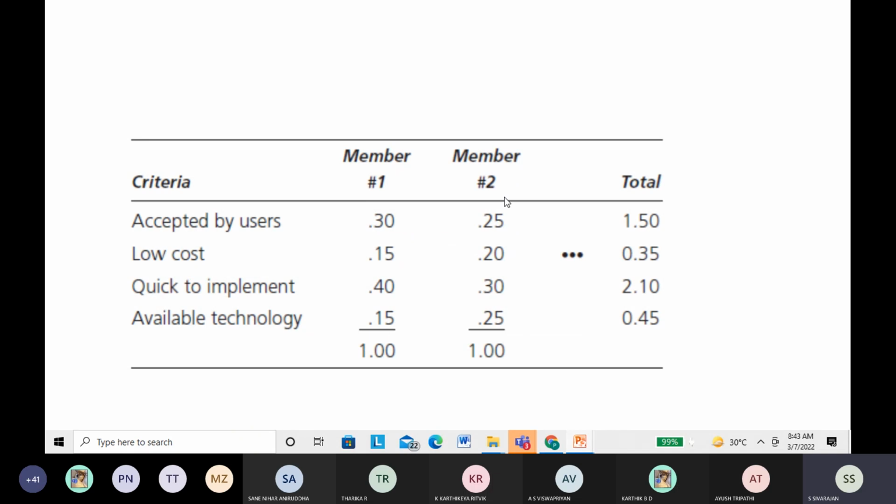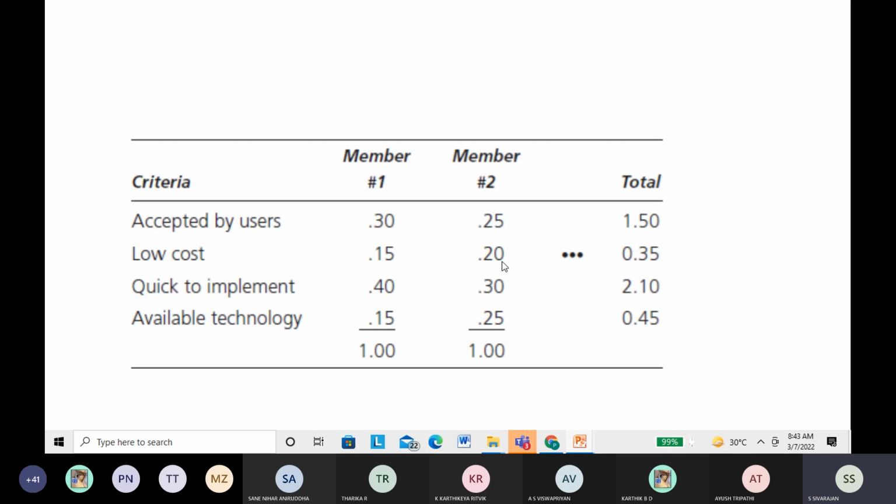Now there is a procedure. Don't worry, don't go into too much detail. We have a two-member panel, and they will decide. Out of these four criteria, member 1 may say quick to implement is very important, whereas member 2 gives different weightages.